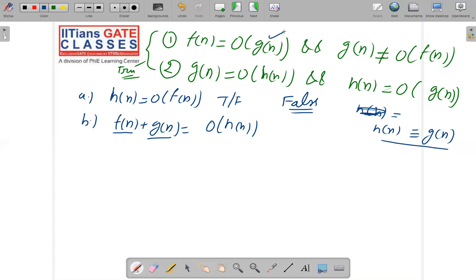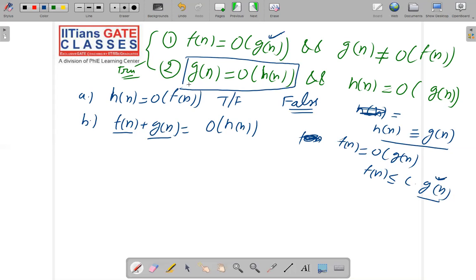So Gn is already kind of greater. If you remember the condition that if Fn is equal to order of Gn, then Fn is less than equal to Cgn. So Gn is kind of greater or equal, always greater or equal. Okay. So this condition already holds.